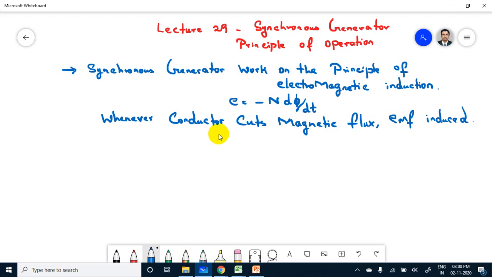And second point, if you take a DC generator, there the field winding is stationary.